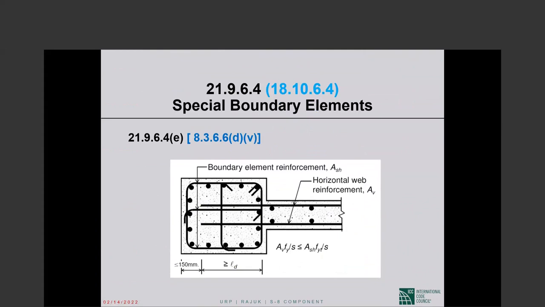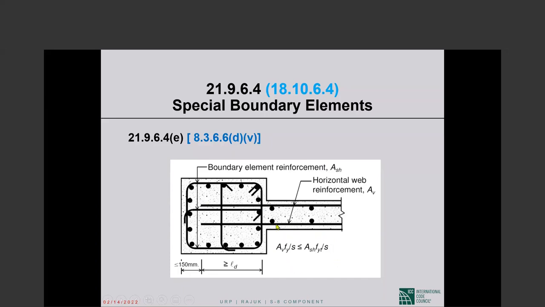Now, this is allowed. Straight shear bars ending in the boundary element is allowed, provided you have sufficient straight bar development length, also provided you satisfy this equation.